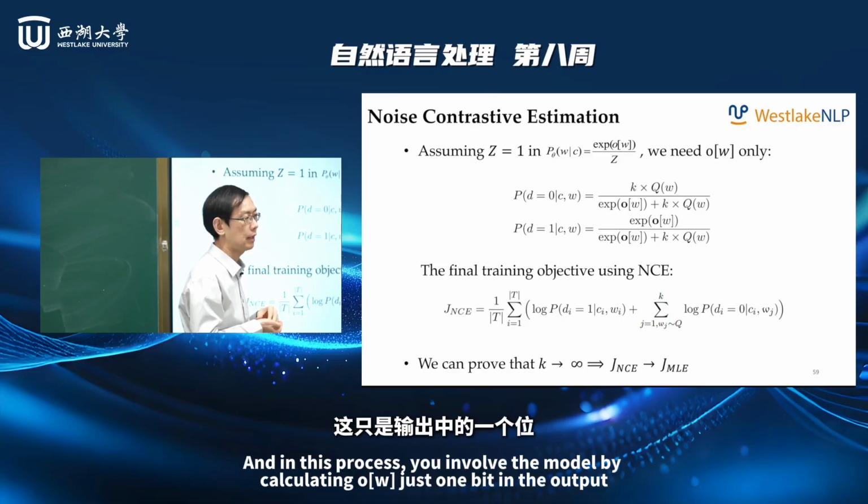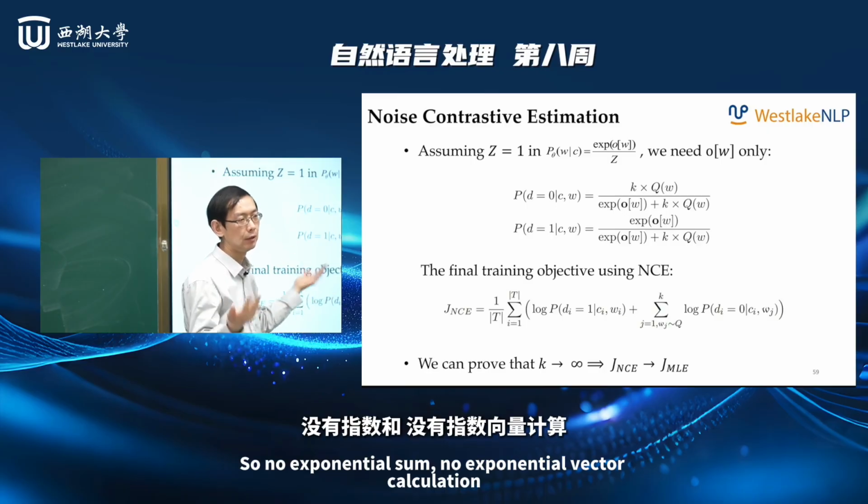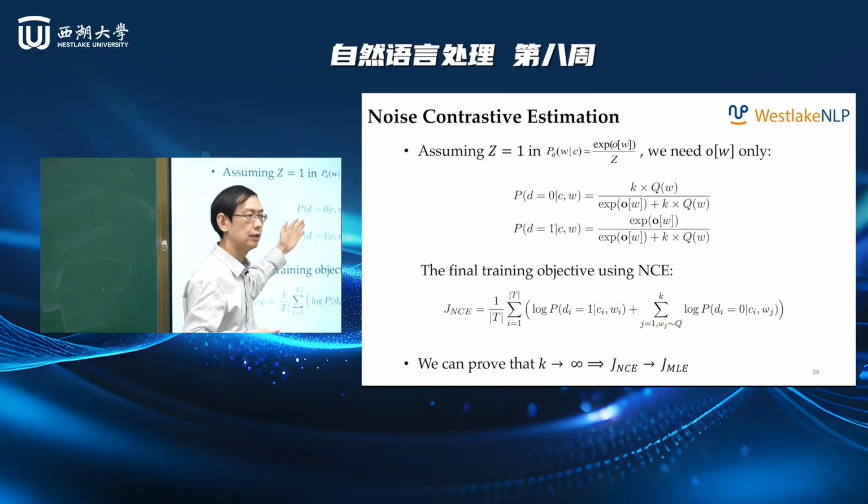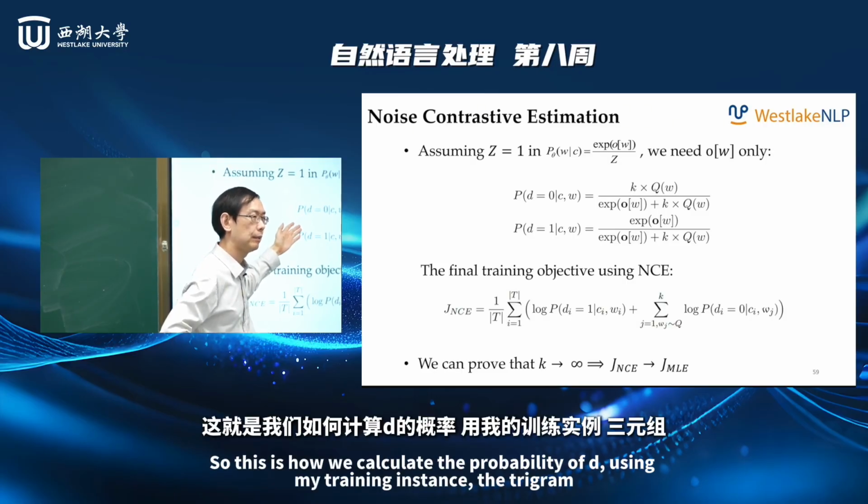And in this process, you involve the model by calculating O_W, just one bit in the output. So no exponential sum, no exponential vector calculation. Okay, so this is how we calculate the probability of D, okay, using my training instance, the trigram.